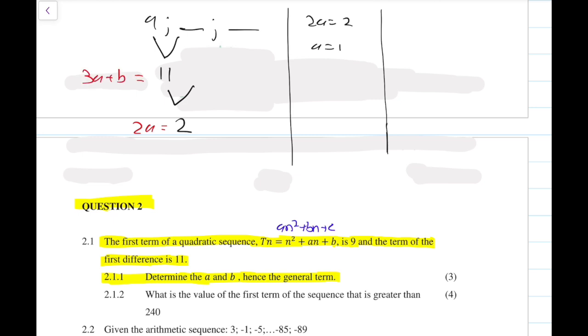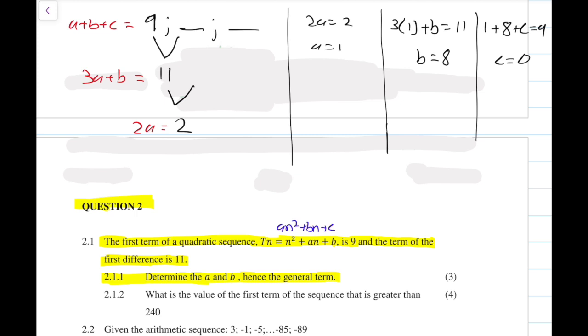So 3 into 1 plus b is equal to 11, which means b's value is just going to be 8. Fine. Then you know that it's a plus b plus c to equal that first term. So a is 1, b is 8, plus c is equal to 9. That means c is actually equal to 0.